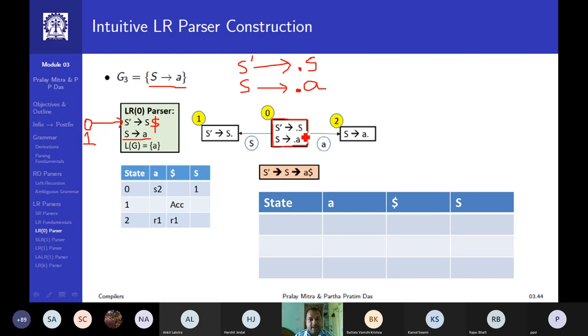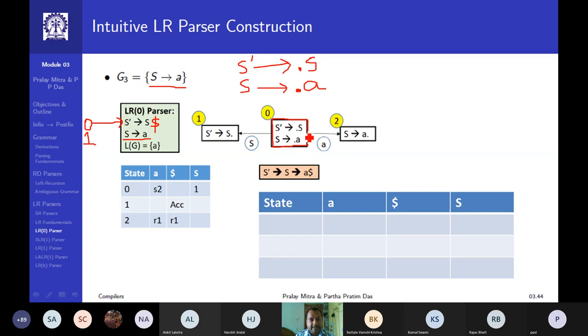Okay. Now from here you see that dot, my current position for the parsing, is there. Two possibilities may occur standing at position 0. Either I can see terminal A, then I will move on to state 2, or I see non-terminal S, then I will move on to state 1. Corresponding to each possibility, there is one state, state 1 and state 2.